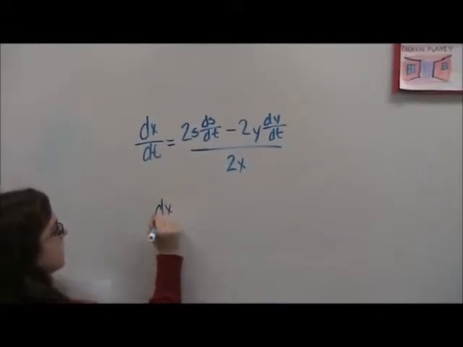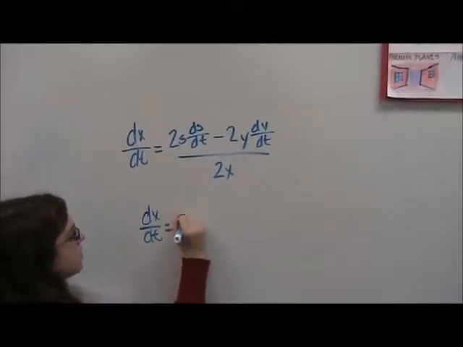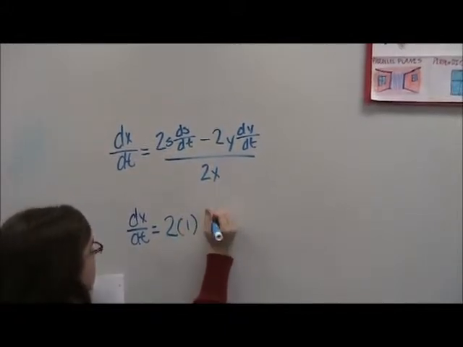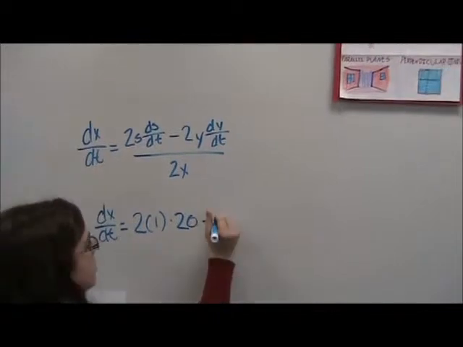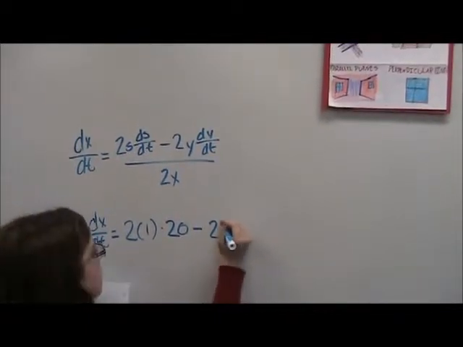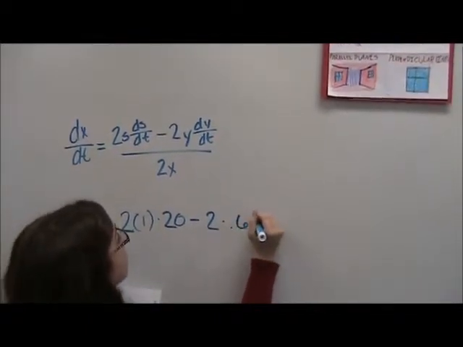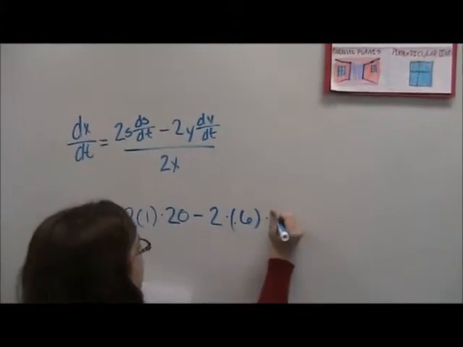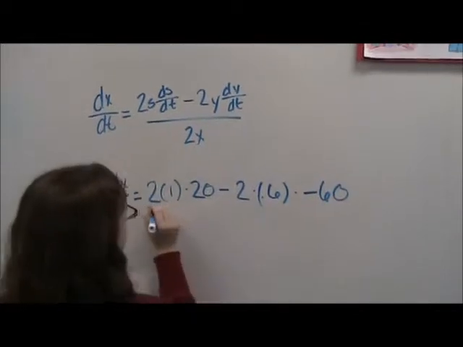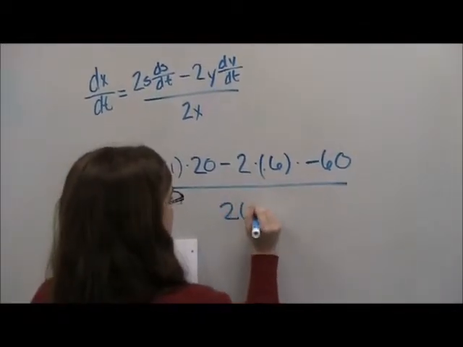Next thing you need to do is plug everything in. So dx/dt equals 2 times 1 times 20, minus 2 times 0.6 times negative 60, divided by 2 times 0.8.